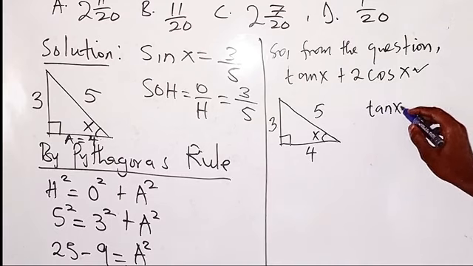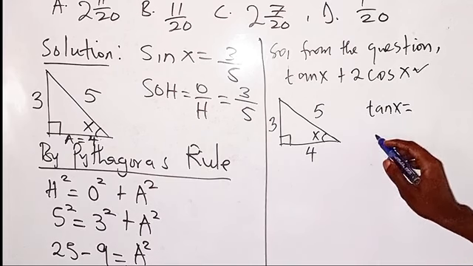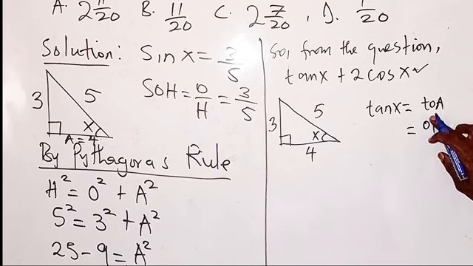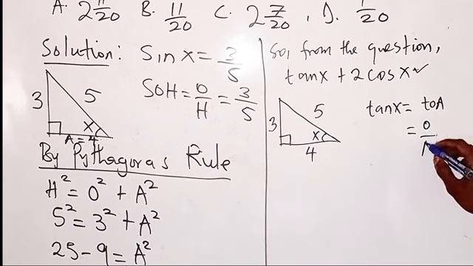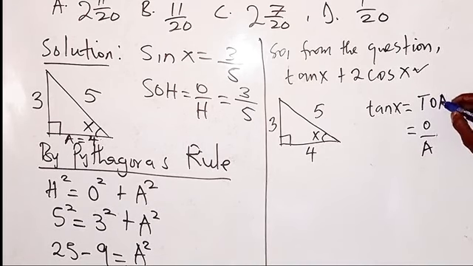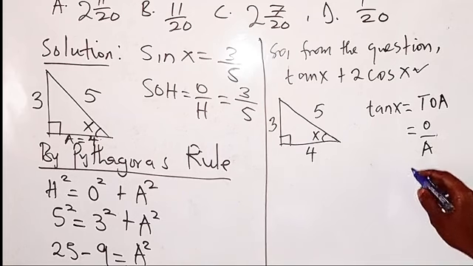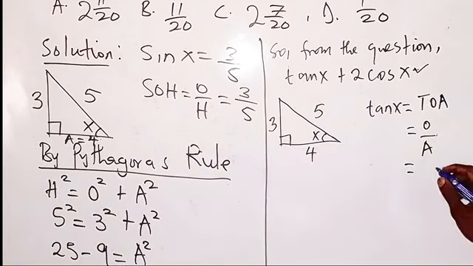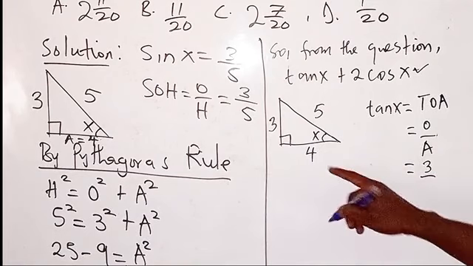So what is our tan x? Tan x equals, tan is TOA, which means opposite over adjacent. According to what we have, what is our opposite? Opposite is 3. The adjacent is 4.